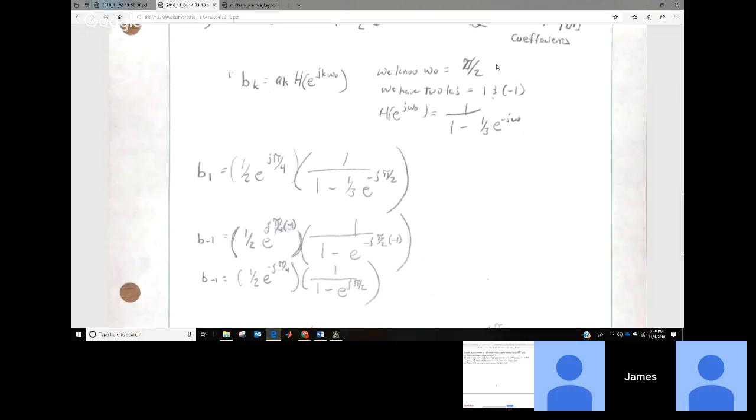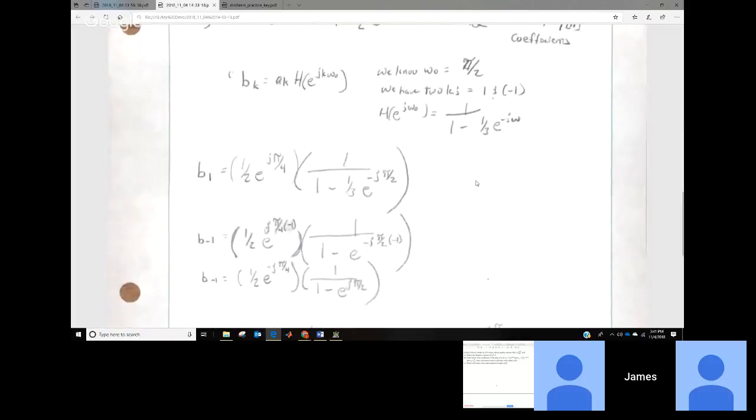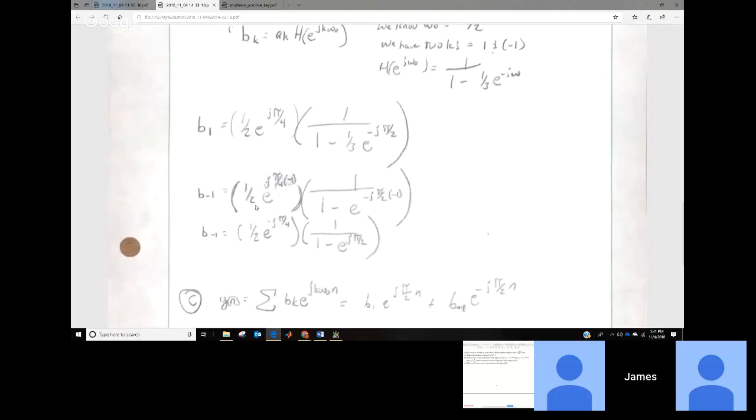Again, I'm going to have to get back to you on how that happened, because when I read it as pi divided by 2 I just saw our fundamental frequency. So anyway, b negative 1, 1/2 e to the j, where k is negative.